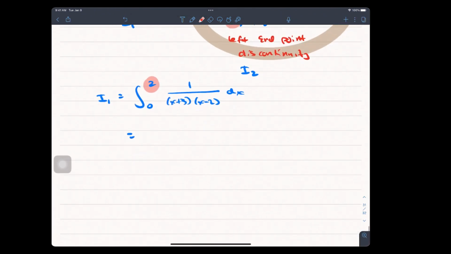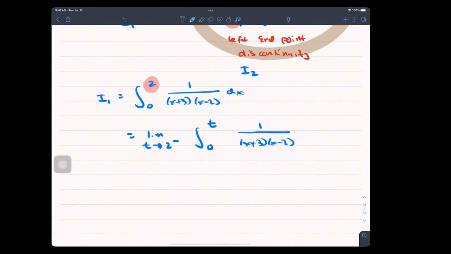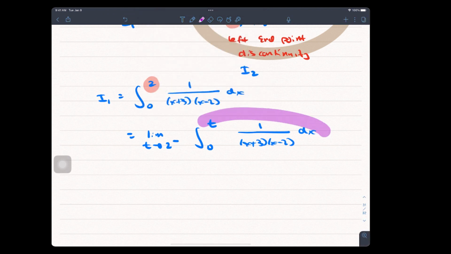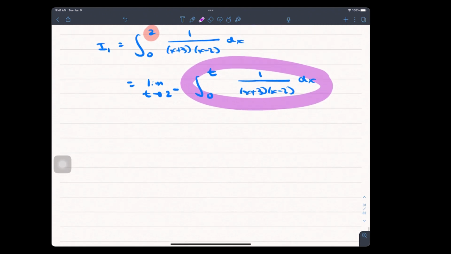Right endpoint? Okay, limit from the left. T goes to 2 from the left, integral from 0 to t. And this is your I of t. Yes, you guys have to use what? PFD.